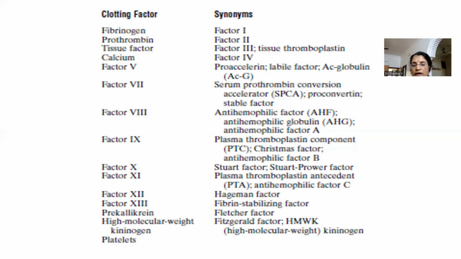Factor 1 fibrinogen, factor 2 prothrombin, factor 3 tissue thromboplastin, factor 4 calcium, factor 5 proaccelerin, factor 7 proconvertin, factor 8 anti-hemophilic factor A, factor 9 Christmas factor, factor 10 Stewart factor, factor 11 anti-hemophilic factor C, factor 12 Hageman factor, factor 13 fibrin stabilizing factor, prekallikrein, high molecular weight kininogen, and platelets.